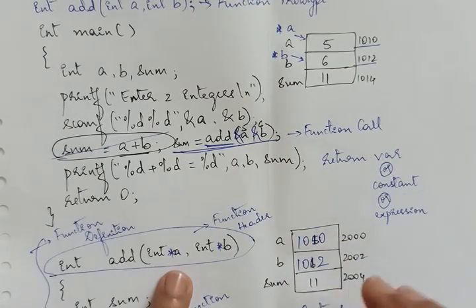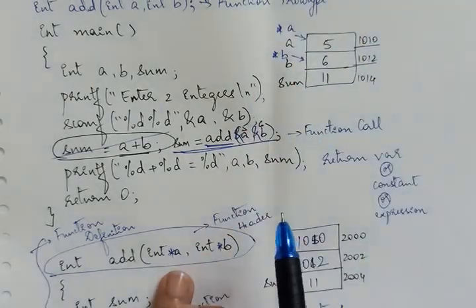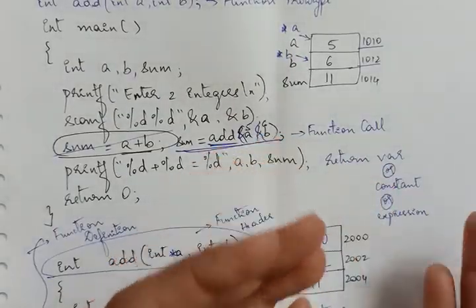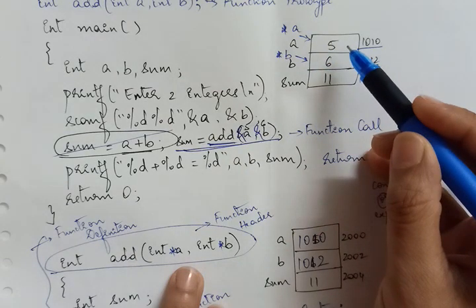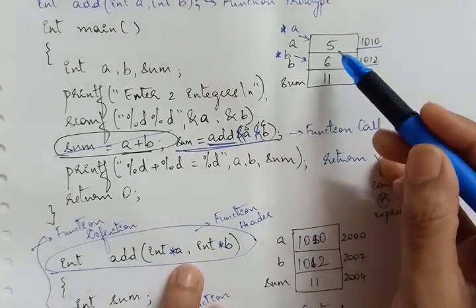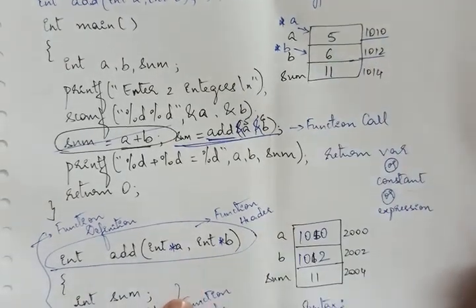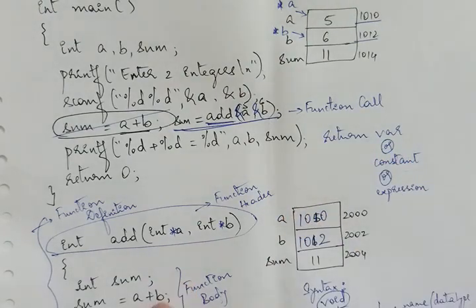But here we are going to give access to the actual locations. Instead of creating another copy, you are going to give the formal parameters access to the actual locations of the actual parameters. So here star A, star B is here. Here now it's pointing to this location as its address is stored here.